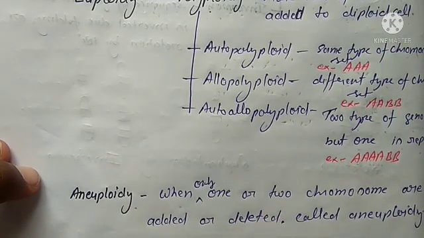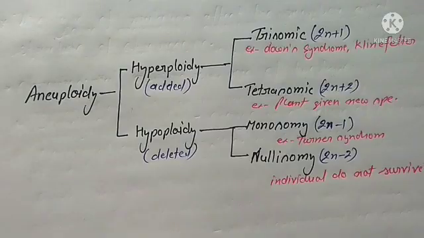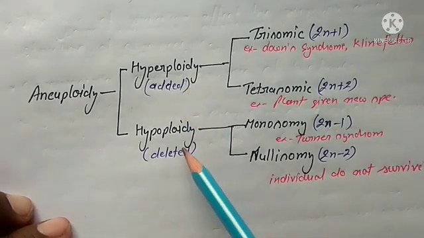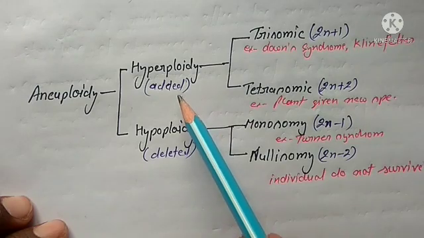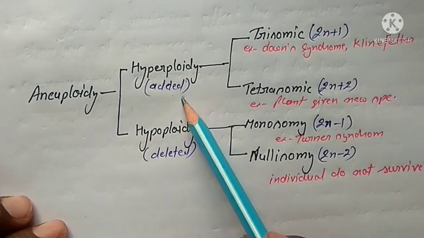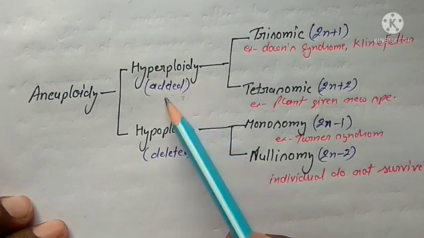This aneuploidy may be of two types: hyperploidy or hypoploidy. Hyperploidy means when one or two chromosomes are added in a diploid cell.